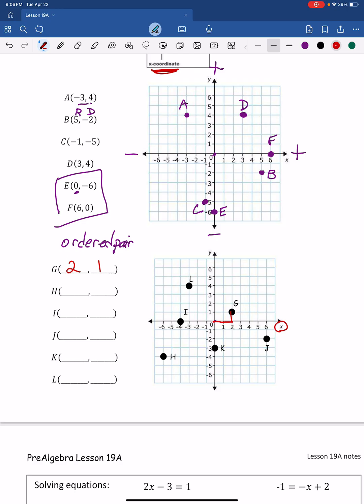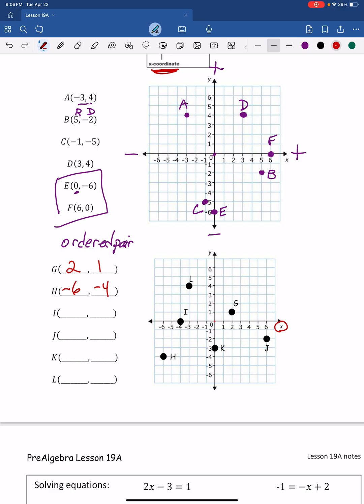Letter H, again, to get to that point, I'm going to start at the center. To get to H, I'm going to go all the way over to here and then down to H. So that path would be negative 6 and then down to negative 4. I, start at the center.